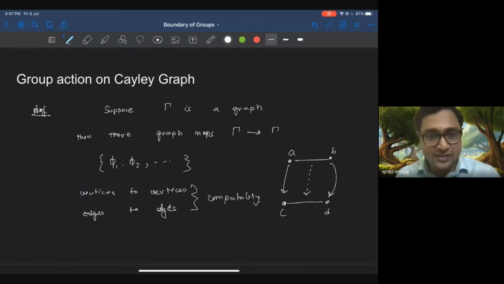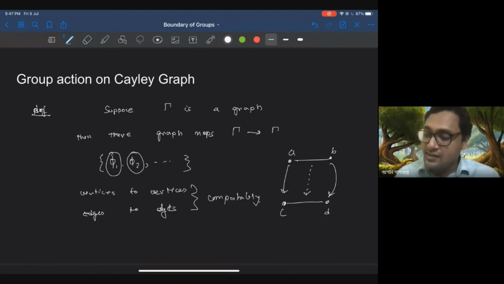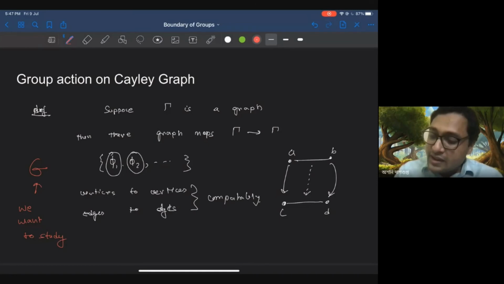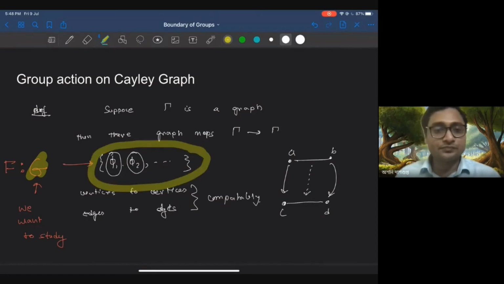Now that we have this, we want to think about these maps as elements of the group that we are studying. So if G is a group, this is the group we want to study, then capital F is a group homomorphism from G to this set of automorphisms.